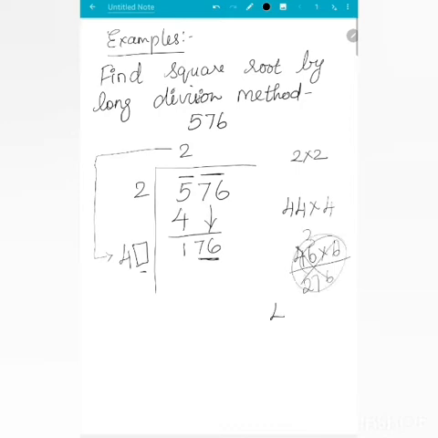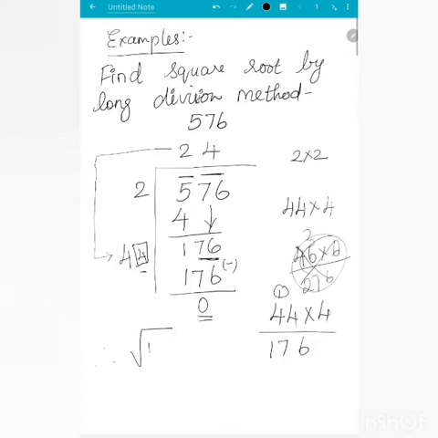So I'll take 44 into 4. 4 4s are 16, carry over 1, 4 4s are 16, 176. So 4 will come here. Put the 4 here. 4 into 44 is 176. 176 minus 176, the answer is 0. Therefore, the square root of 576 is 24. This is the short method.